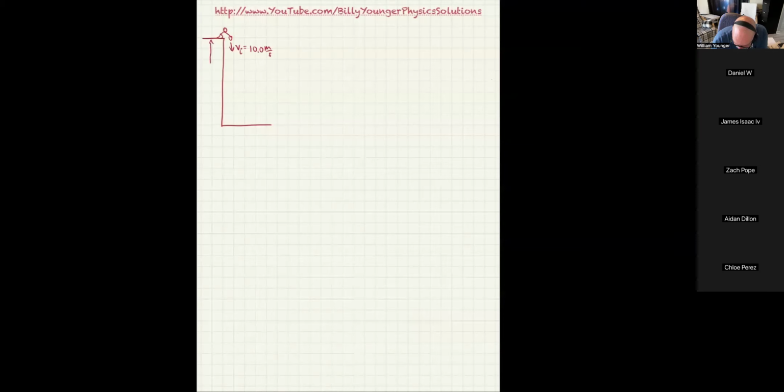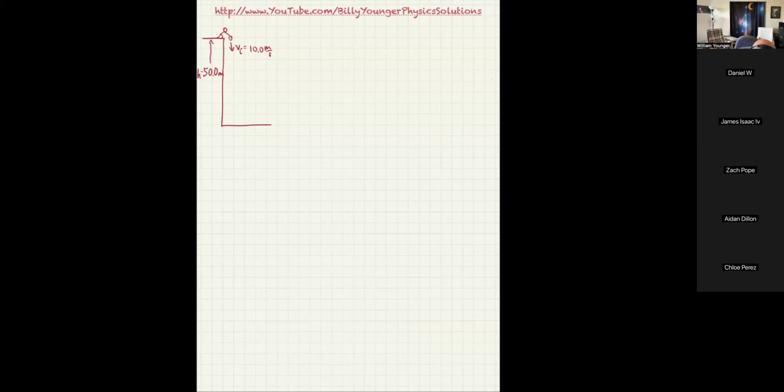Now I put a number there, so we'll actually be able to calculate it later. But I'm just going to call it VI for right now, mainly because I forgot that I wasn't going to do numbers. But I'm going to put the numbers here. That'll give us a nice little backup to make it a realistic thing. Let's say the height is about 5 floors, so that would be roughly 50 meters. That's close enough. So I'm just going to call that H. Nope, I'm going to call that Y0.